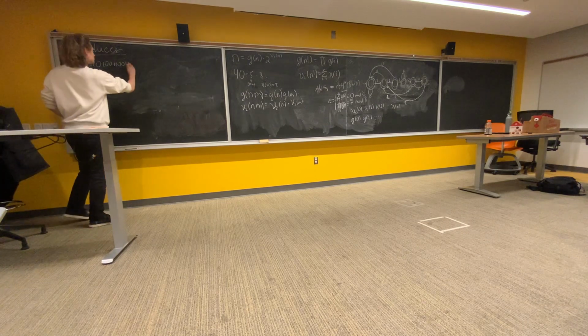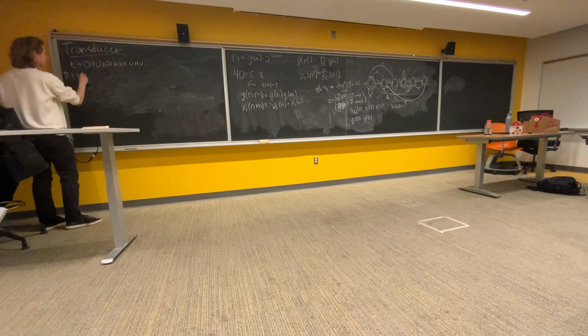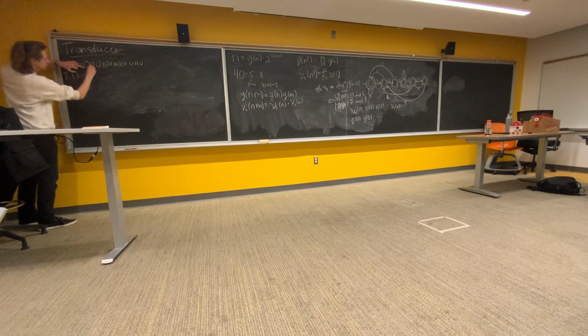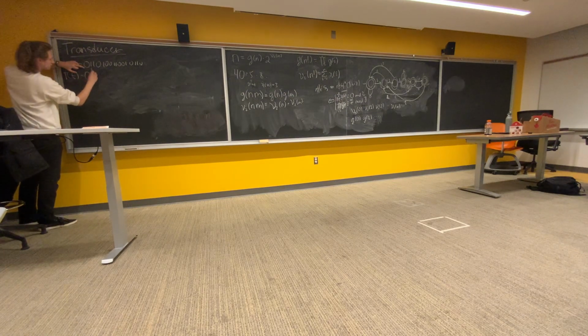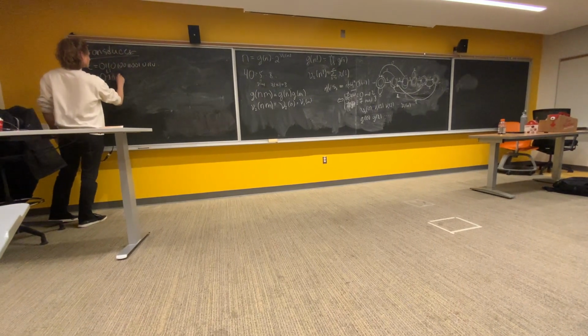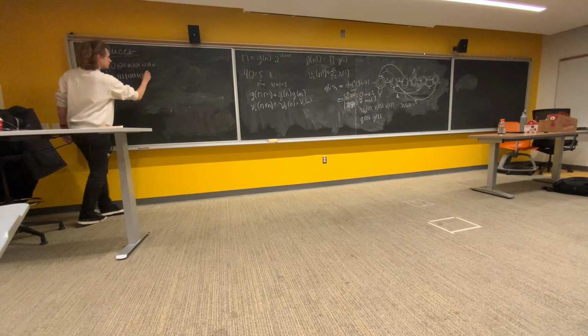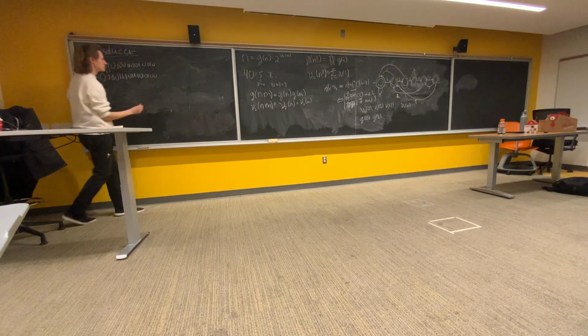So what is the running sum? I take a running sum: 0, 1, 0, 0, 1, 1, 1, 0, 1, 1, 1, 0, 0, 1, 0, 0. It keeps on going.